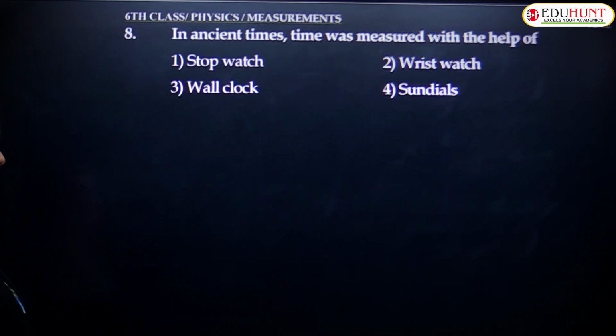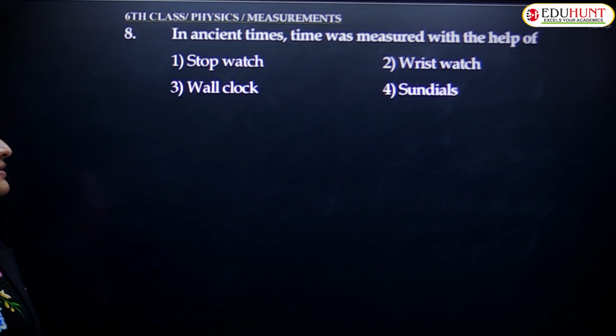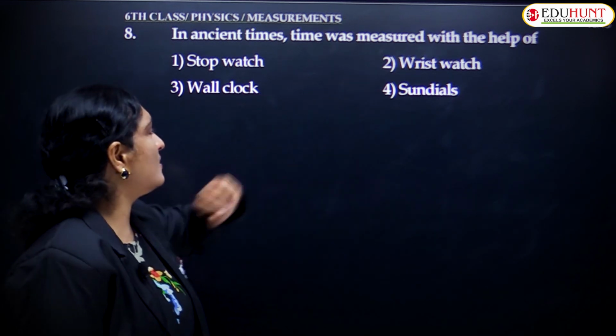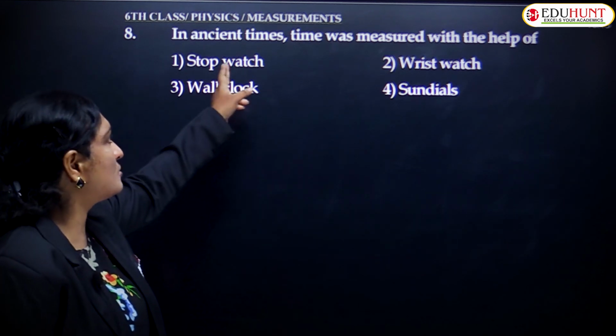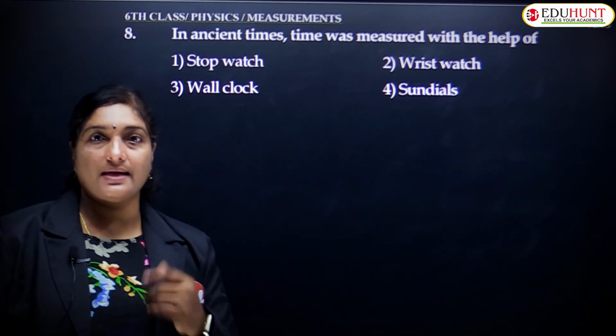Next. In ancient times, time was measured with the help of, did the people have wall clocks or wristwatches during that time, or a stopwatch? No. Stopwatch is the instrument we use whenever athletics are happening. Your PT sir is there, no?